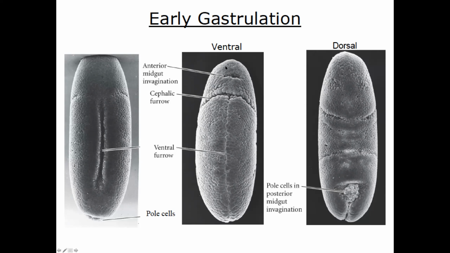So if the gut is taken as anterior midgut, mid-midgut, posterior midgut, and hindgut, you have the gut coming from different sections of the gastrulating embryo. So the anterior midgut will come from this head invagination, when the process of head invagination is happening, whereas the posterior midgut will come from the pole cells moving in.